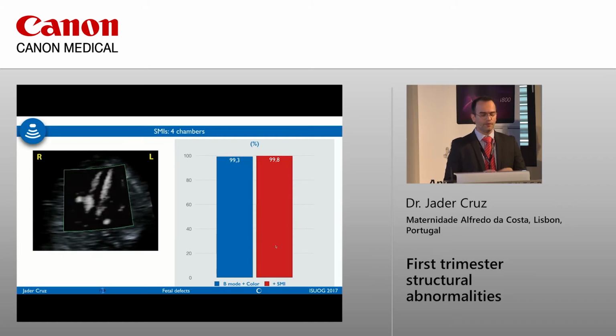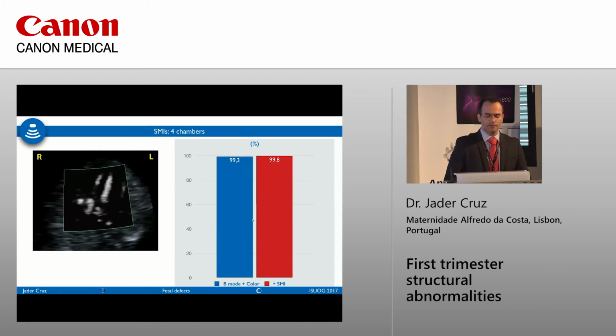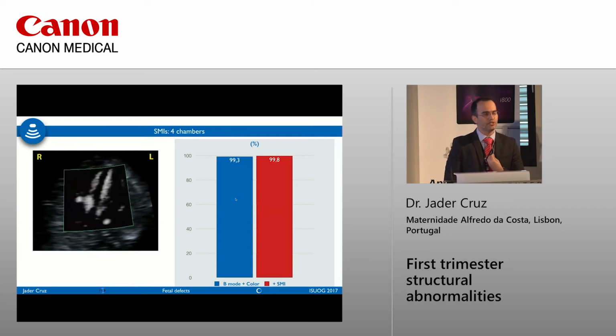When we are assessing the visualization of the structures of the heart, as we do in the second trimester, we see that for the four-chamber view, we don't really increase much of the visualization of the heart. That's because we are used to looking at the four-chamber view in the first trimester all the time. But if we consider the proper visualization of the interventricular septum, it does increase your visualization. But for the general visualization of the four-chamber view, it doesn't really change very much.